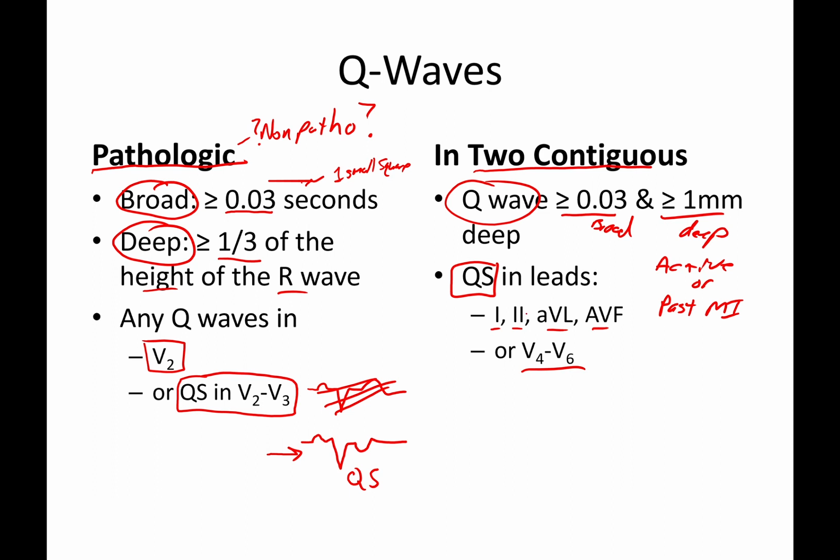And if you take this knowledge and look at what a normal 12 lead looks like, if in 1, 2, aVL, aVF, or V4 through V6 you're seeing any QS waves in those areas, that's probably a real good sign that there's something wrong going on, particularly if you overlap it with the symptoms.